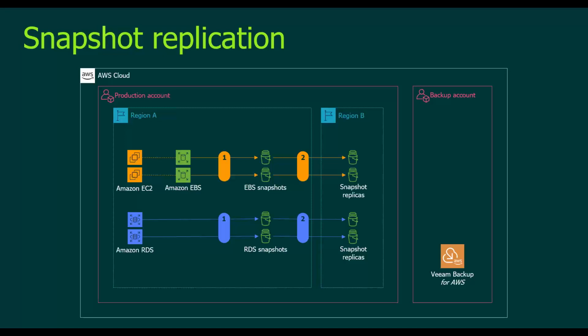My EBS snapshots get replicated from Paris to Stockholm in my case. The same goes for the RDS snapshots. We can replicate those to a different region just for redundancy, and we can replicate that with different encryption policies as well, and with different IAM policies. So from a security perspective, that's also a good idea to do.